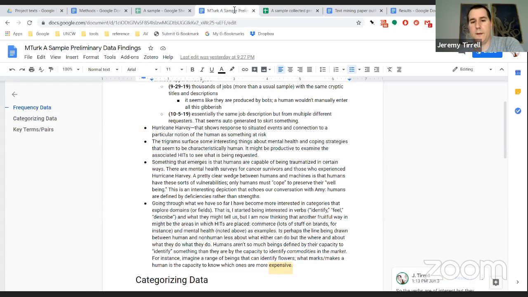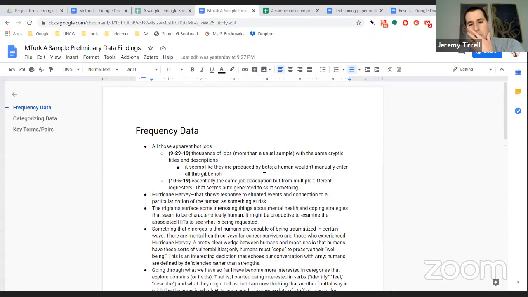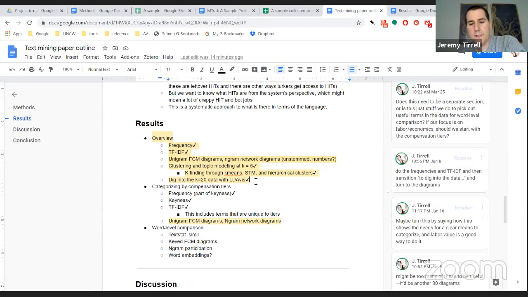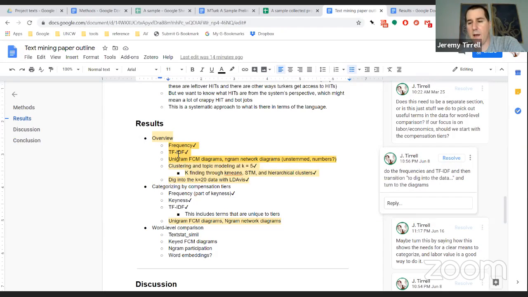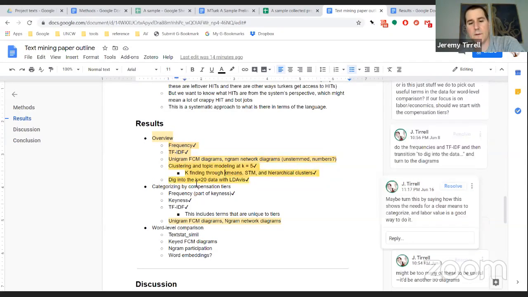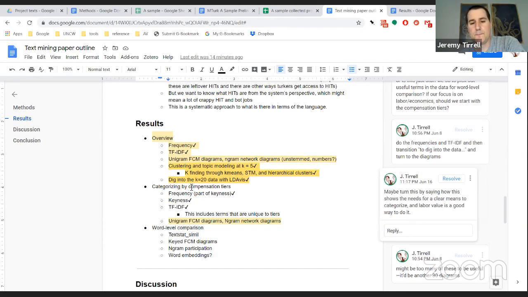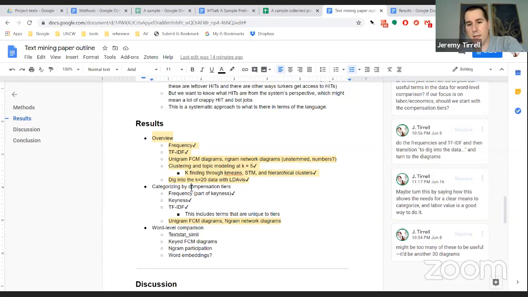And what you might do is on this page, which is preliminary data findings, the question is, where would this information go, right? Because in the outline, this stuff is all driven by the overarching stuff. So it does frequency, it does TF-IDF, and then we'll talk about these other diagram stuff. Then we move on to the compensation tiers.